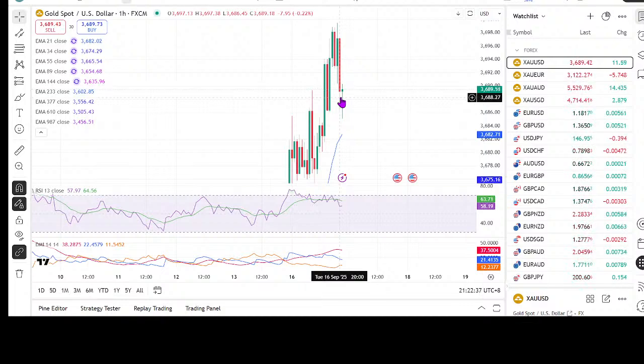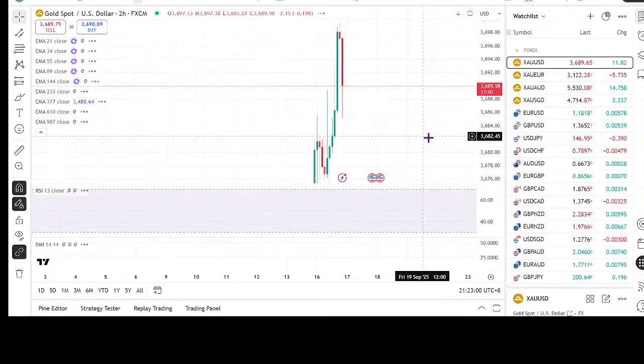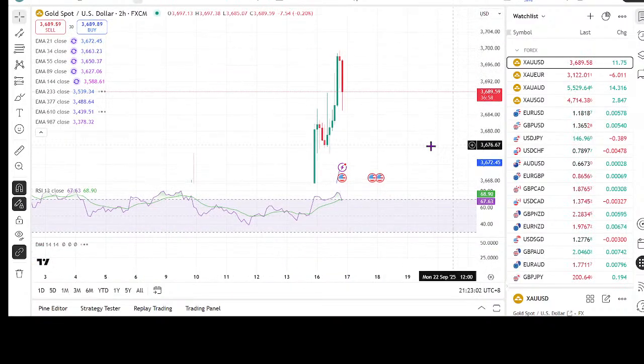Okay, so we will wait to see how this market responds. Then we would see, because we still have another, how shall I say, another 40 minutes of weakness we should see, because your 2 hours is still down. Okay, I'll just show you.